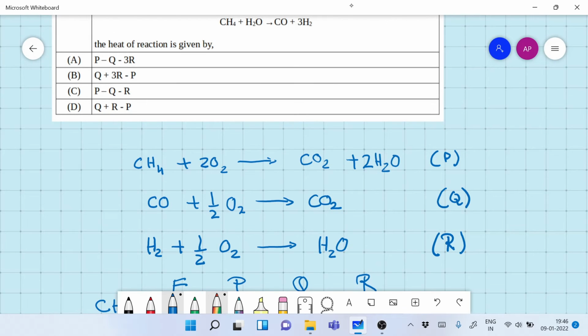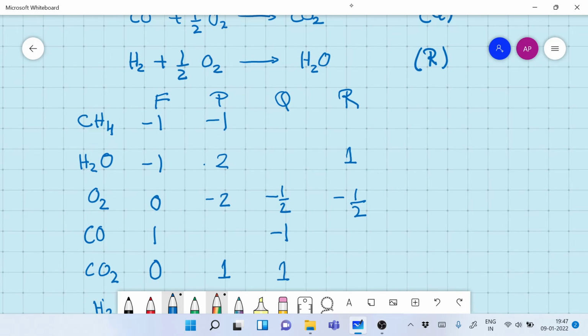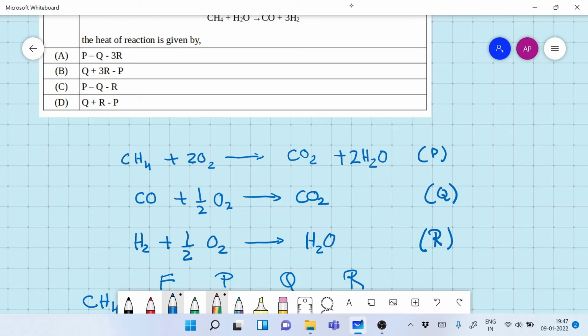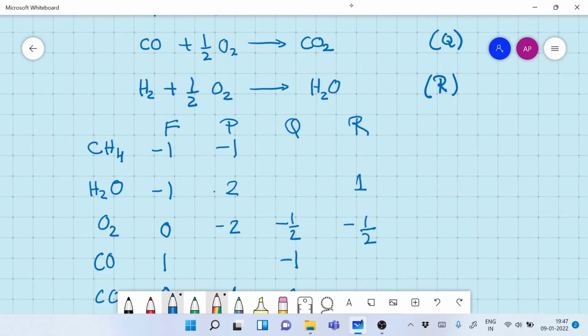Now let's screen through the alternatives. Let's take alternative D. Let's randomly pick alternatives. Q plus R minus P. Now the total of the stoichiometric coefficients multiplied by some constants should be equal to 0. So Q has a coefficient of 1, R has a coefficient of 1, and P has a coefficient of -1 here.